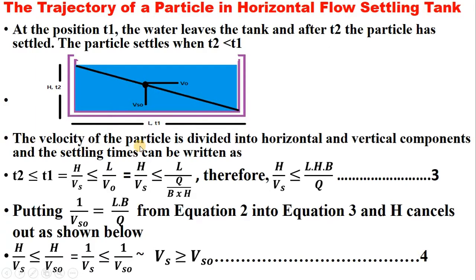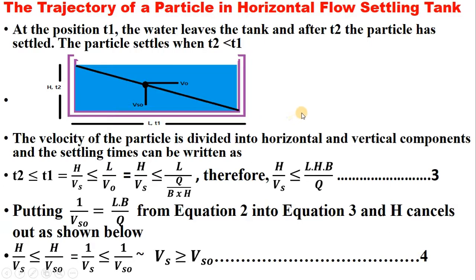You can see the way the particle settles down to this point. Now, the velocity of the particle is divided into two, which is the horizontal and the vertical components. And the settling times can be written as T2 is less than or equal to T1. Now, let us apply our simple physics here.